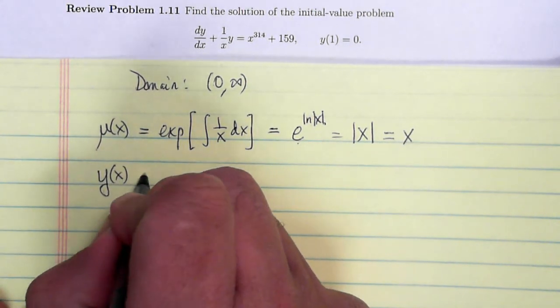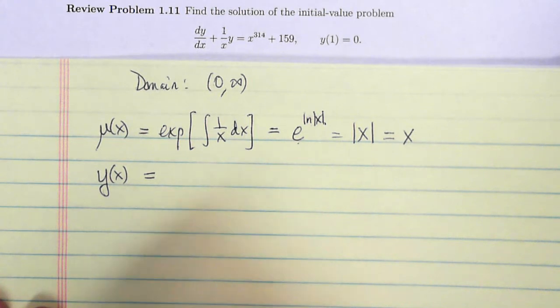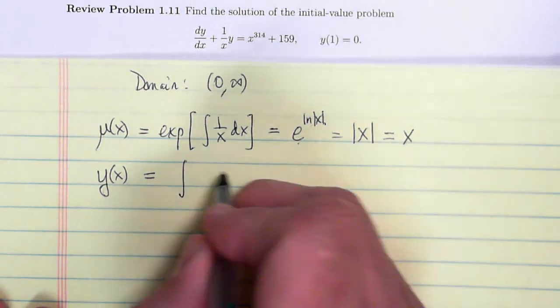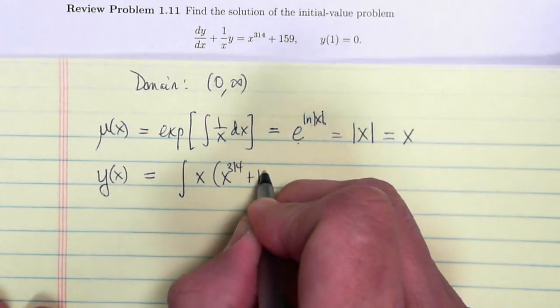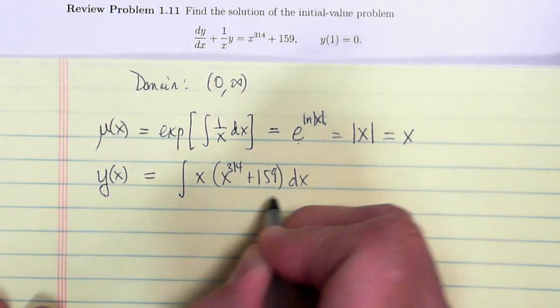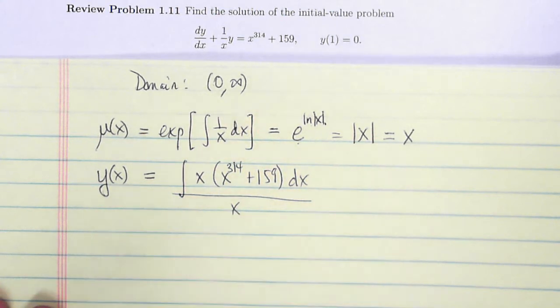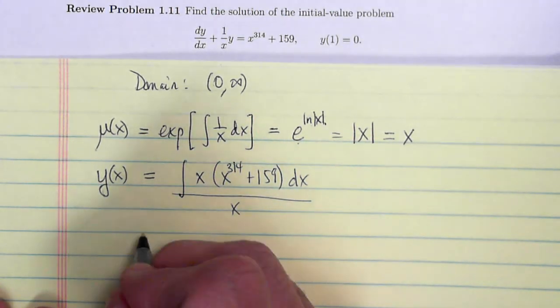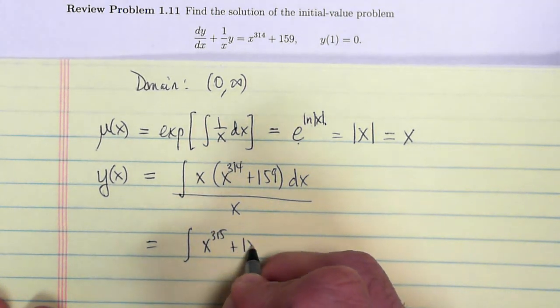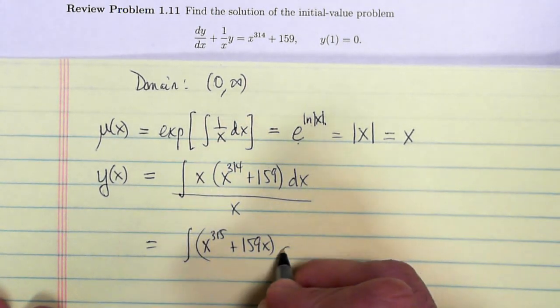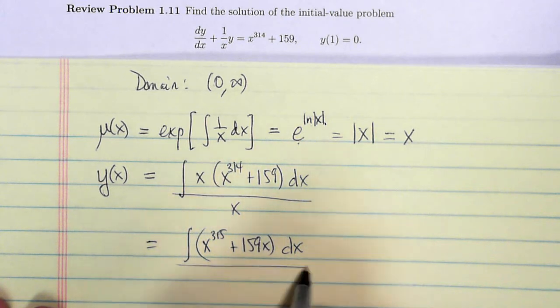Okay, from this point, we can now find the solution: the integral of the integrating factor x times x to the 314 plus 159 dx, all divided by x. So that's the integral of x to the 315 plus 159x dx, all over x.